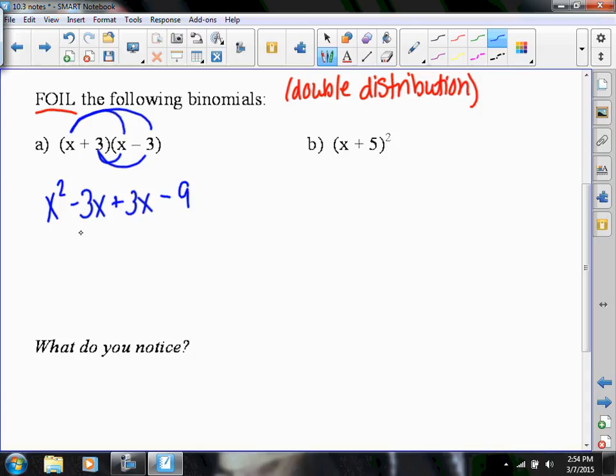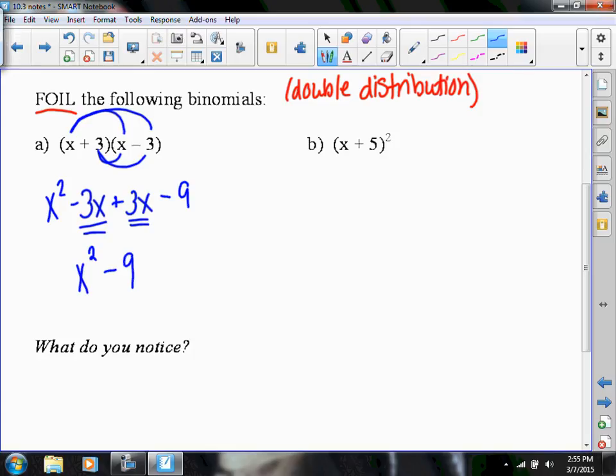Now you should notice that we have some like terms here in the middle to combine together. And usually when we FOIL or do this double distribution with our horizontal multiplication, we do get those like terms in the middle that will combine. So here we have a negative 3x and a 3x, so those actually go away. So you just end up with x squared minus 9.